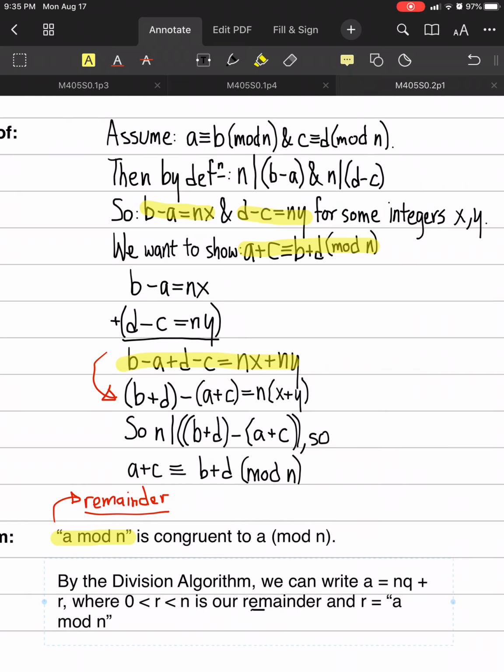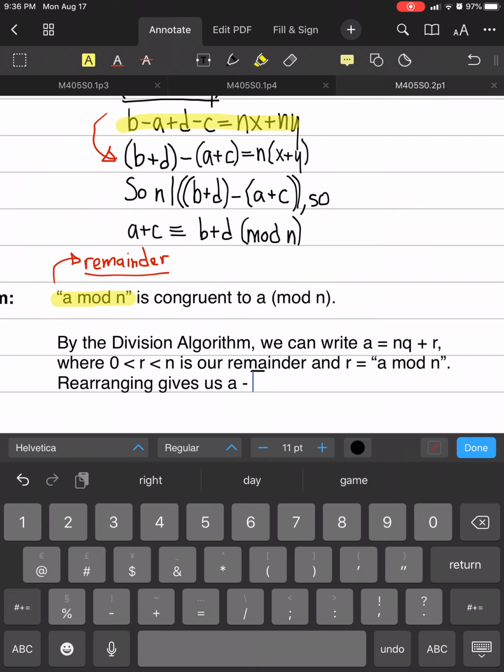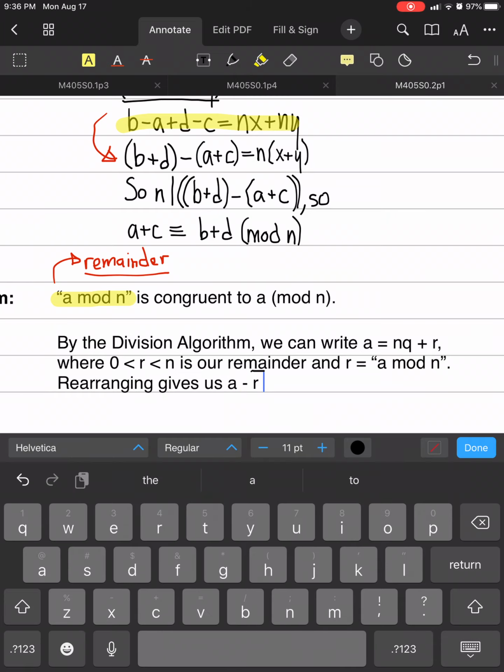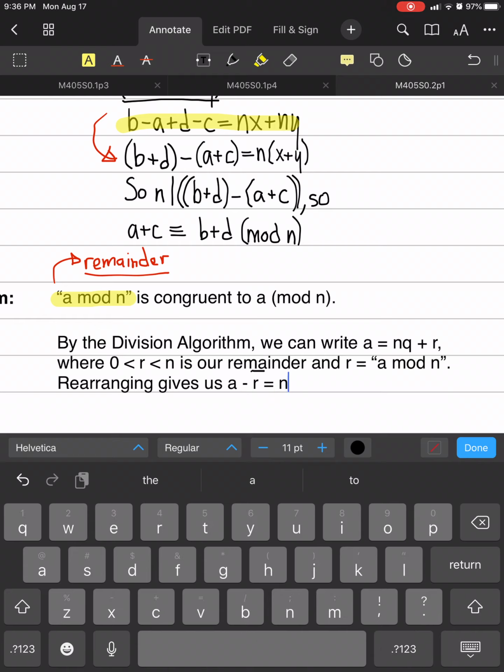Let me give myself a little bit more room here. Okay, so we've got that. Rearranging gives us a minus r equals nq.